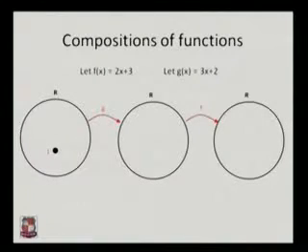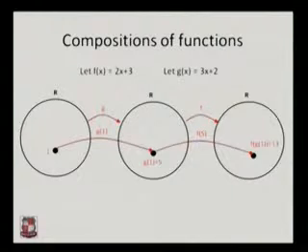So g of 1 is equal to 5 in the set R, and if we apply f on 5, then f of 5 is equal to 13, which is in set R, the codomain of f.